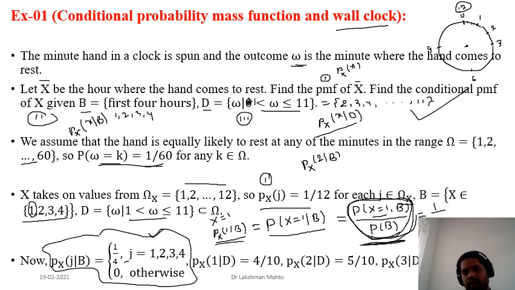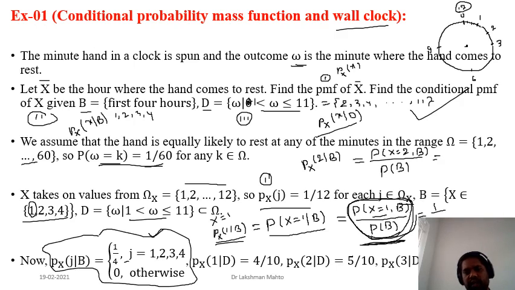I am just writing this in terms of conditional probability. It is the joint probability of x equal to 2 and B divided by the probability of B. So what would be this ratio?